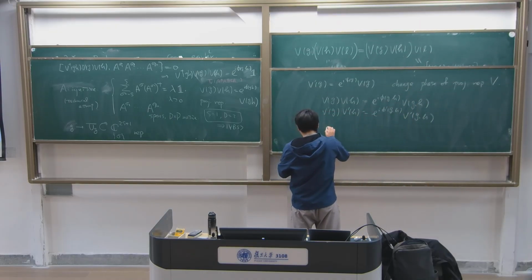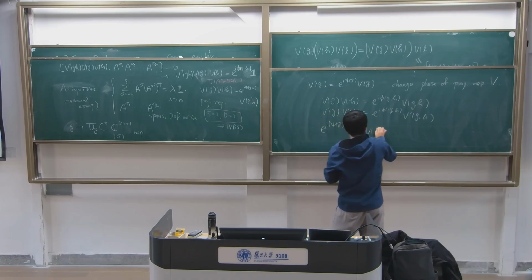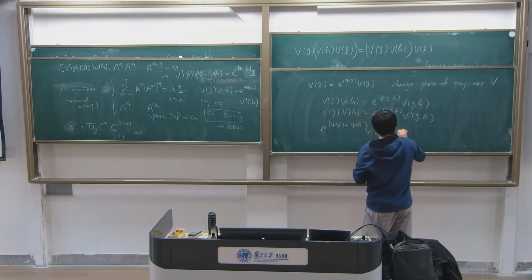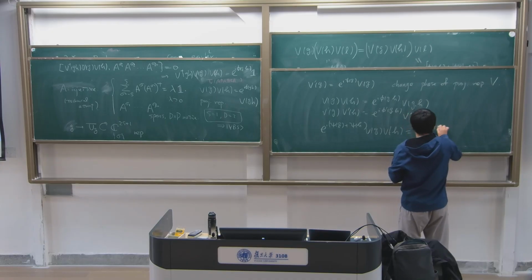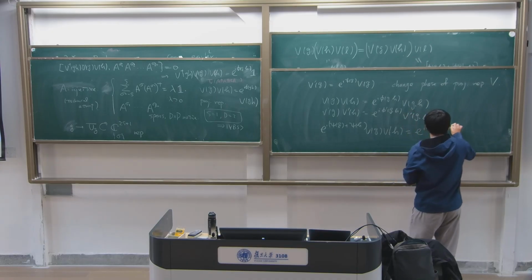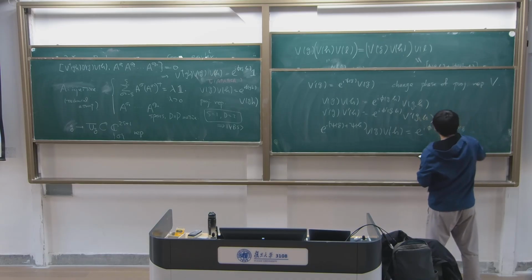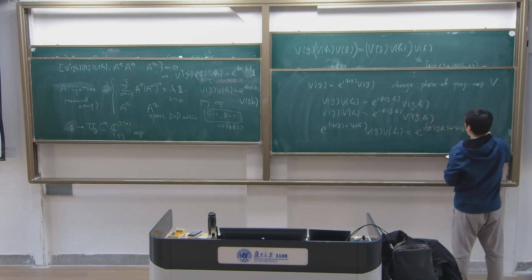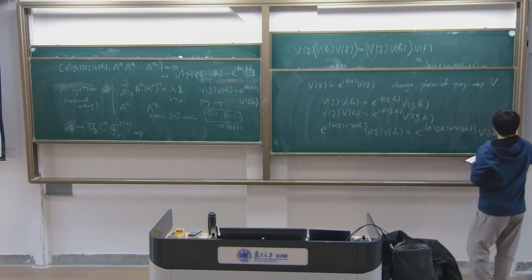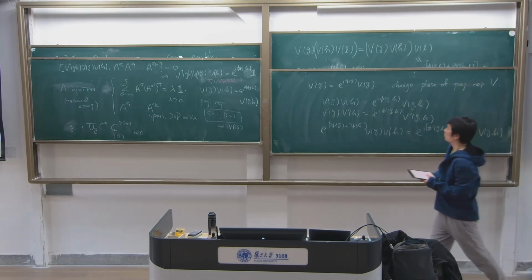This is equal to e to the i phi of G plus phi of H, GH equal to, okay. So it's really a boring thing we are doing.